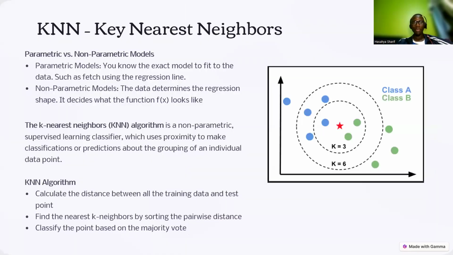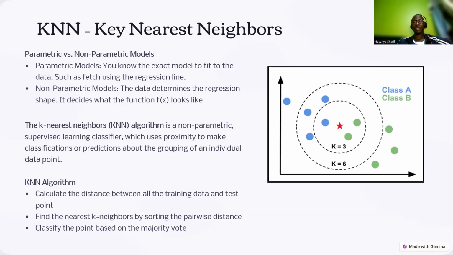And then in this slide, we are talking about the k nearest neighbors. But before getting to that, we need to have a view of the parametric and non-parametric models, because the KNN is an example of the non-parametric models. So for parametric, you know the exact model fit to the data, such as using the regression line. So you know the exact function that you're going to use.